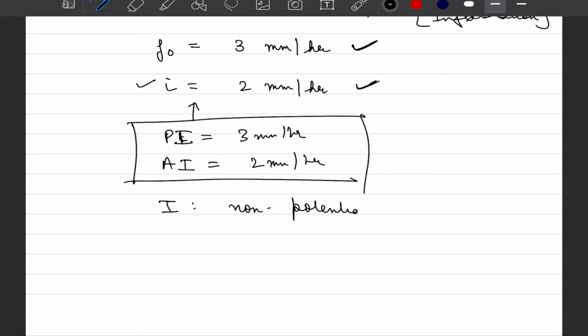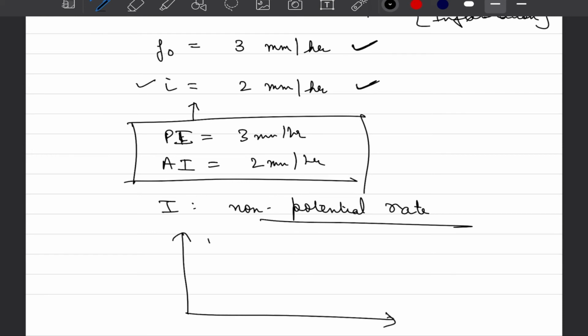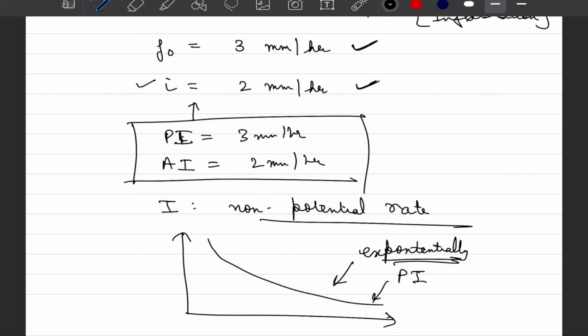at a non-potential rate? What that means is that if we plot the infiltration curve, it would look exponentially decaying if we go by Horton's, or even if we look at the Green-Ampt formula, it also takes an exponentially decaying form. So this is going to be an exponentially decaying function, and this is the variation of potential infiltration.